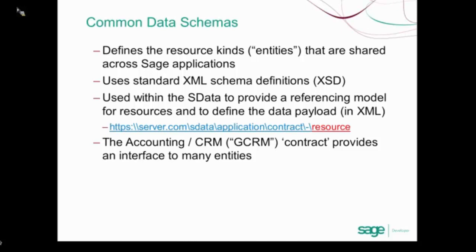The accounting and CRM contract provides a library of quite a large number of entities, and these span things like sales invoices, purchase orders, delivery notes, and a range of other data elements.